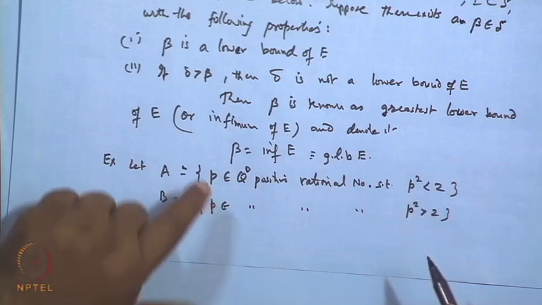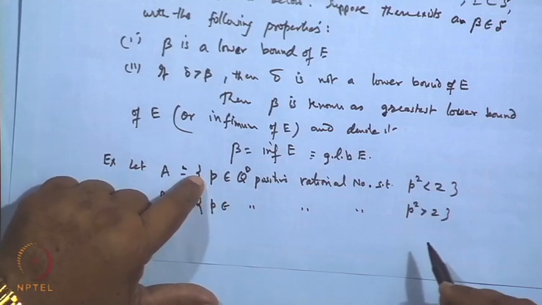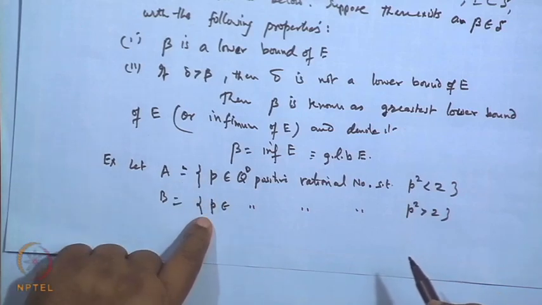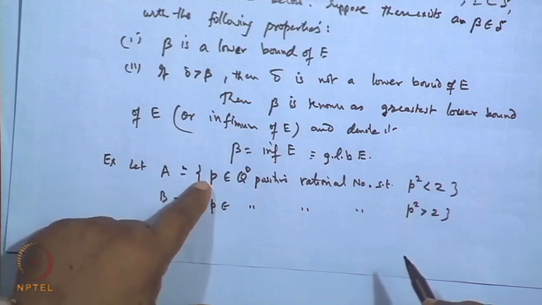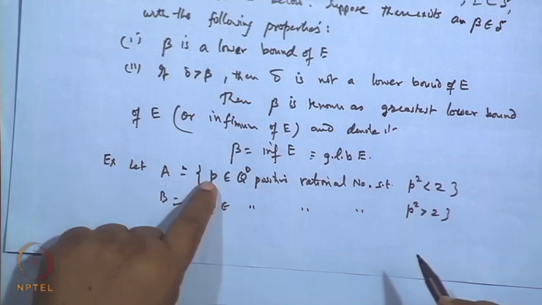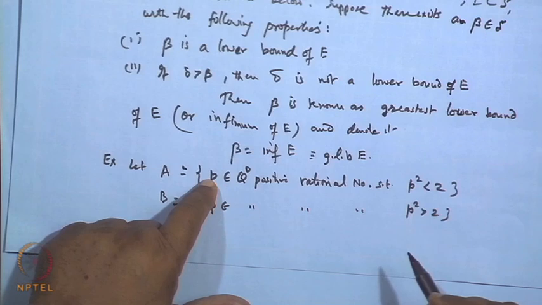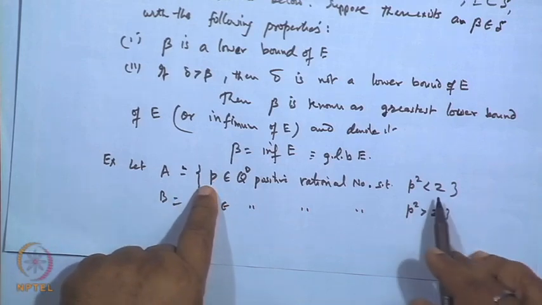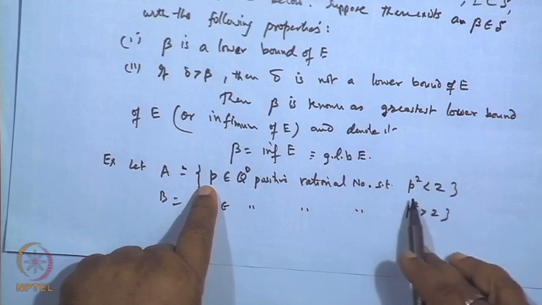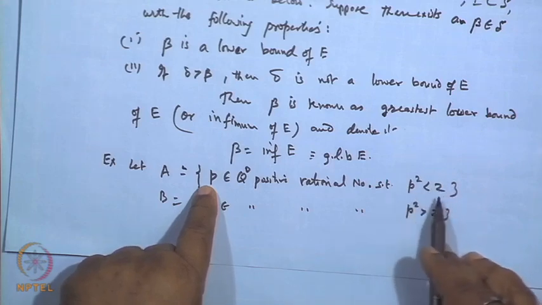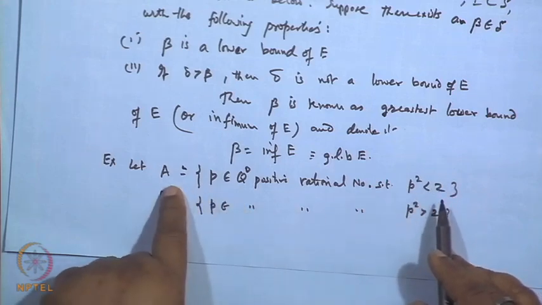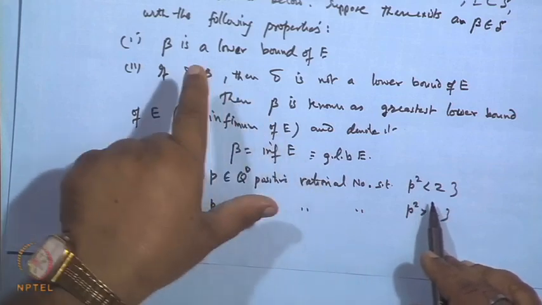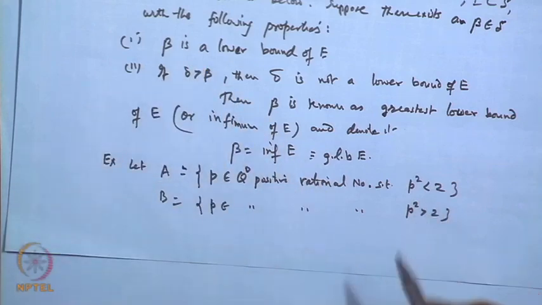Obviously, A is bounded above. In fact, all the elements of B act as upper bounds for A, but A does not have a least upper bound, because we can't find a rational number which is the least upper bound for it.